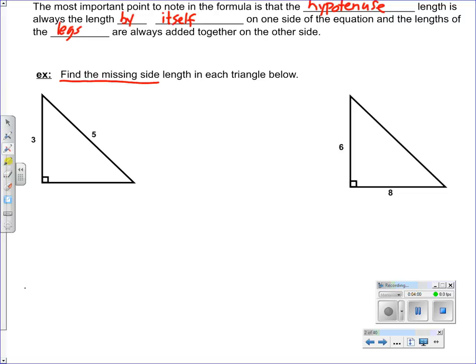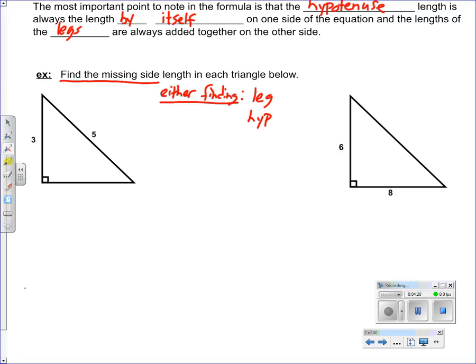You can either be finding a leg or you're finding the hypotenuse. If you're finding the leg, that means you have the hypotenuse and one of the other legs. If you're finding the hypotenuse, that means you have both legs. So when we set up the formula, make sure you know which one we're finding. Are we finding a leg, or are we finding the hypotenuse?